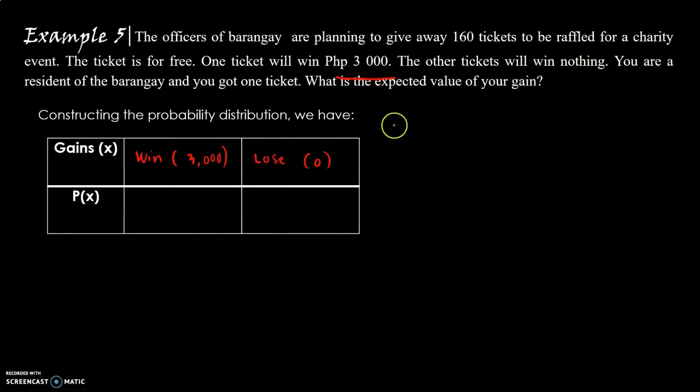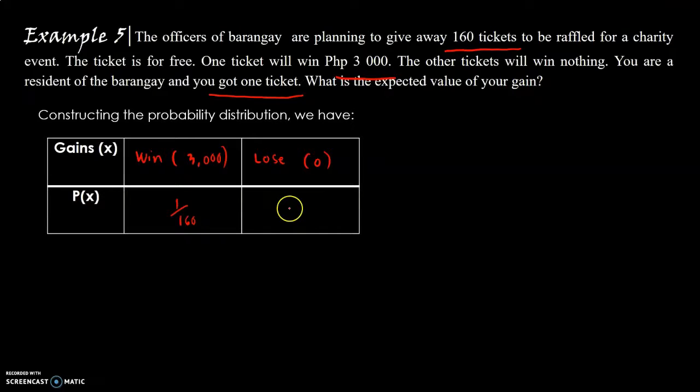Okay, now there are 160 tickets that were given away for the raffle, and you got one ticket. So your probability of winning is 1 over 160 because you only have one ticket and there are 160 tickets that were given away.